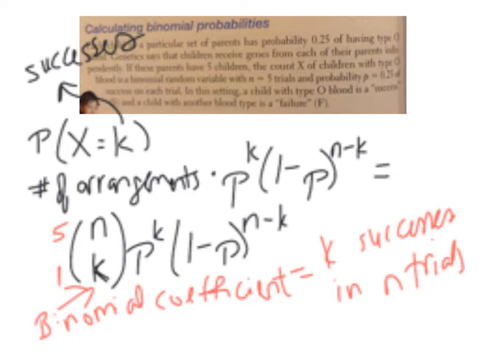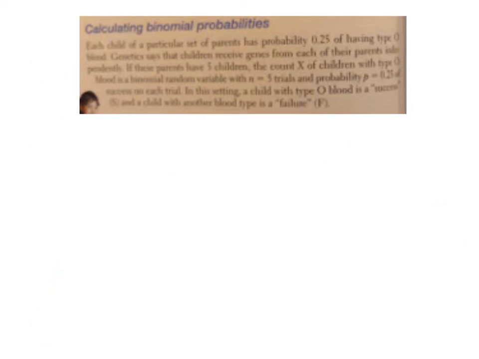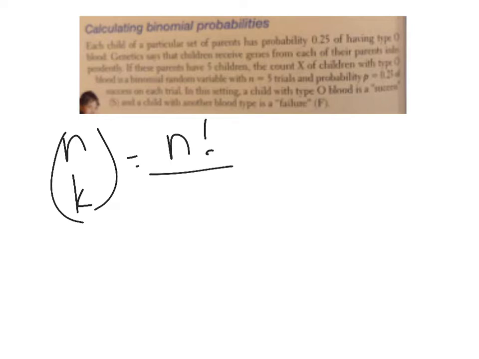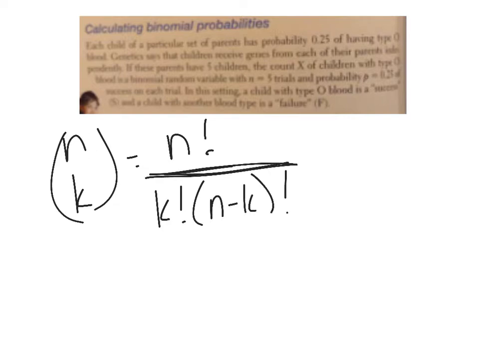And when I write this out in factorial notation, let me close some of this out for you so that you can see it better. So when I write this binomial out, what that is equal to is factorial notation, which can get kind of out of control, especially if we have a big number.